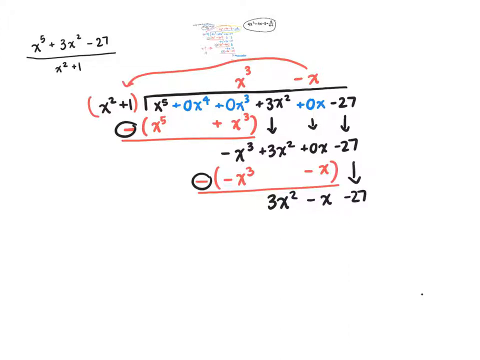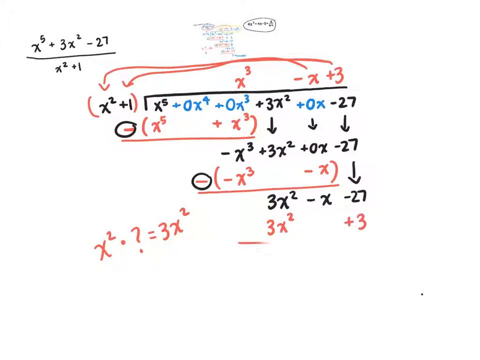So our question cycles through, and x squared times what gives us 3x squared? The answer is 3. Positive 3. So now we're going to take positive 3, multiply it by x squared plus 1, and we get 3x squared plus 3.